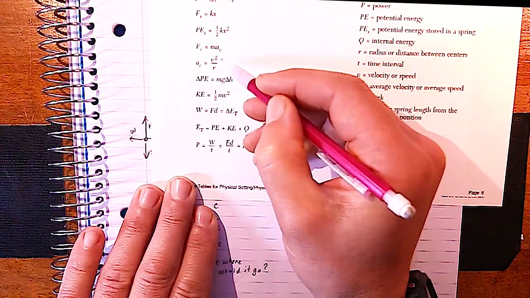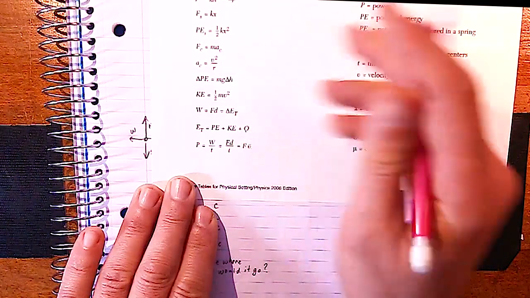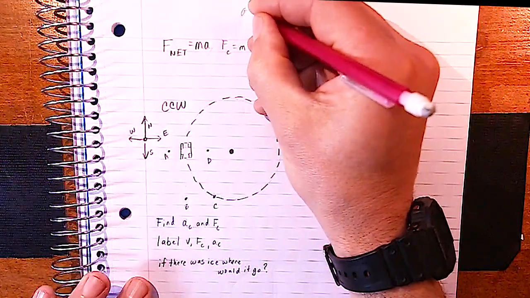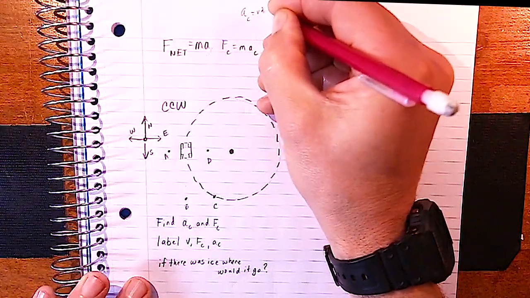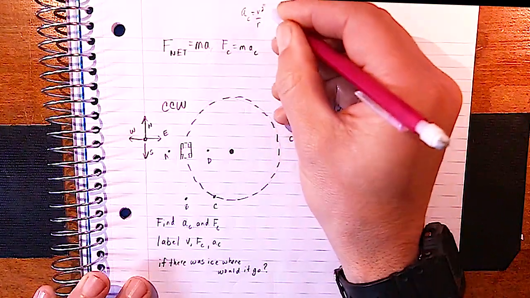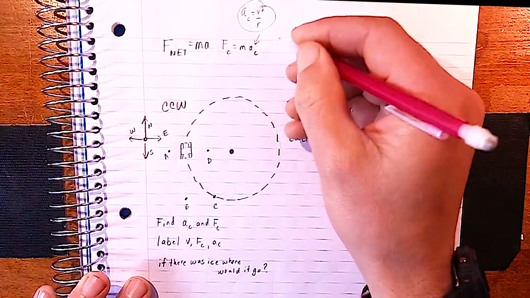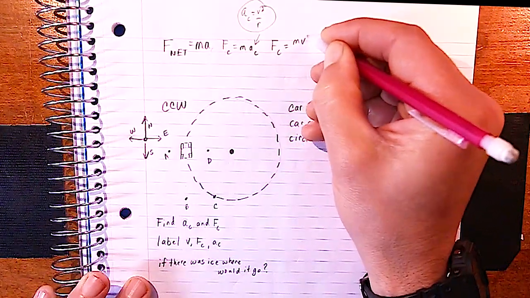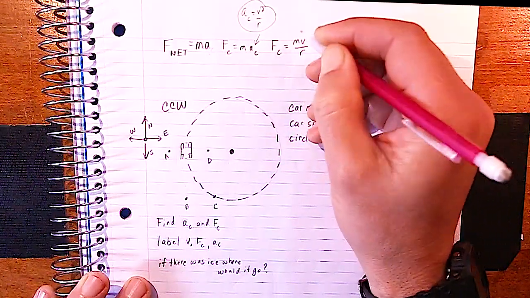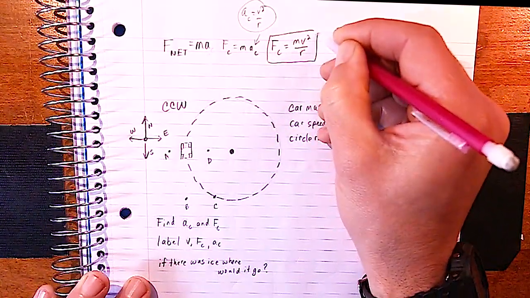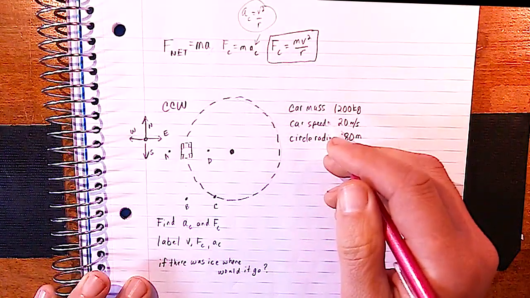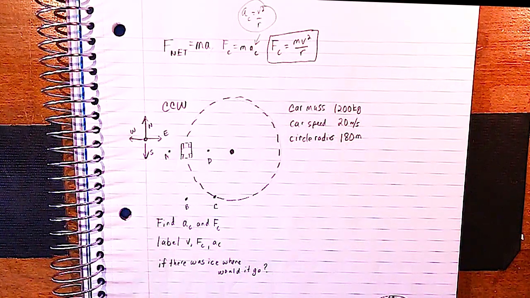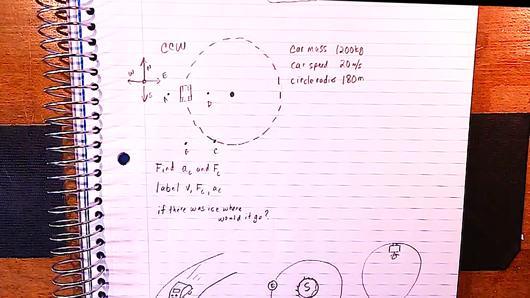So we can substitute v squared over r in for AC, and then we can say Fc equals mv squared over r. This formula is not given on the reference table, but it is a way to solve for the centripetal force. So let's go ahead and solve a problem.